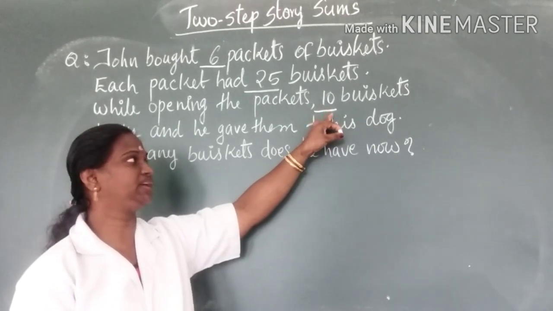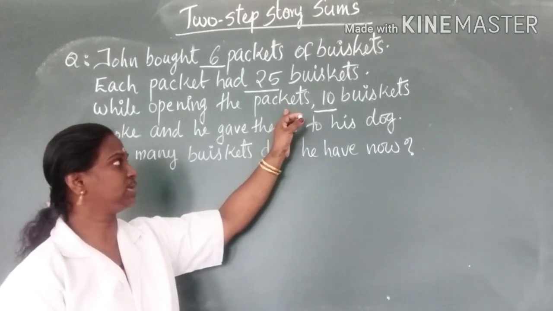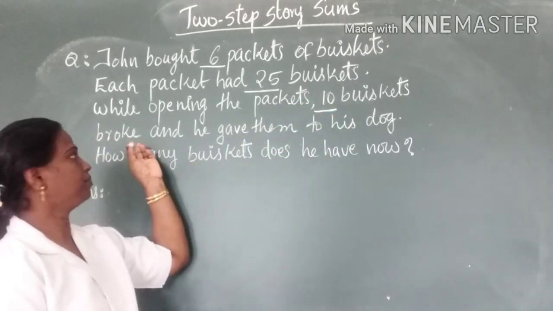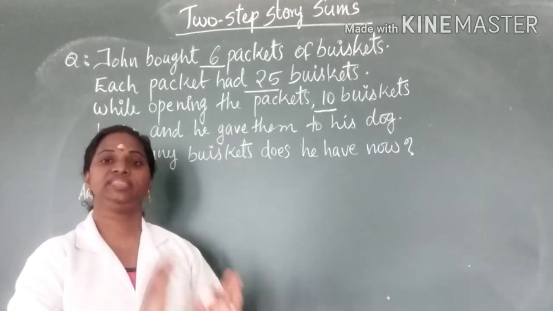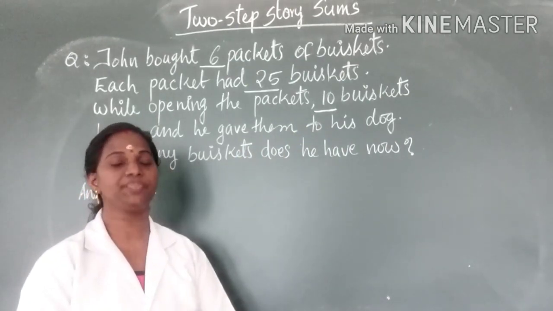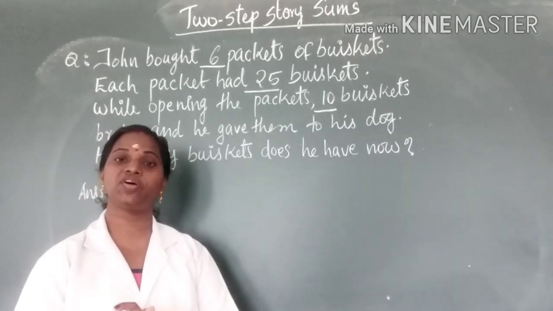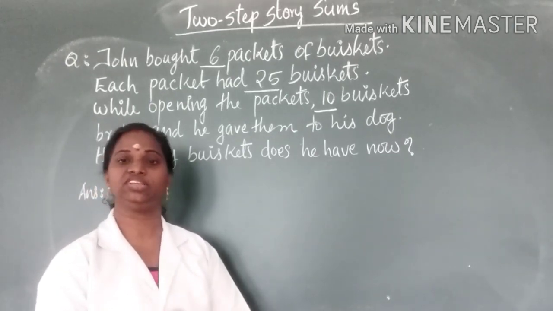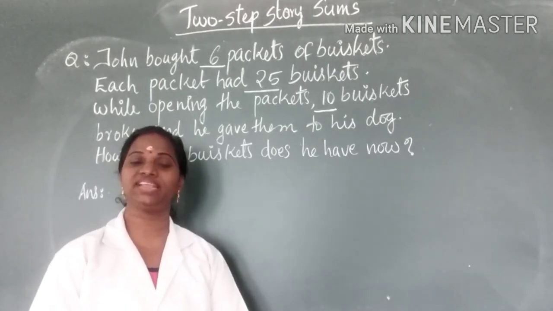What is indicated by this 10? While opening the packet, 10 biscuits broke and he gave them to his dog. So we can write down number of biscuits given to his dog. Clear? So now we get 3 statements.